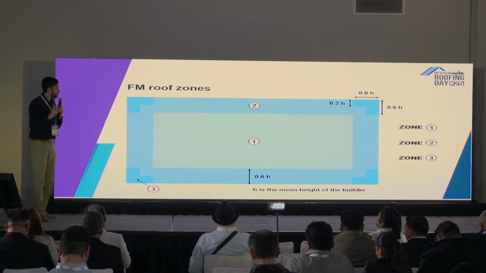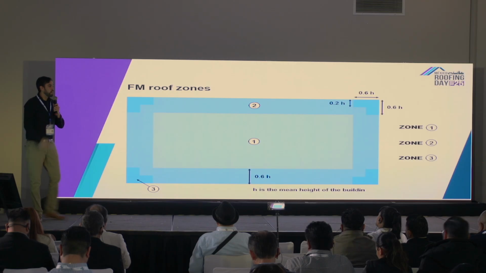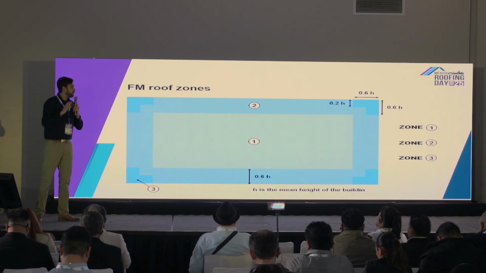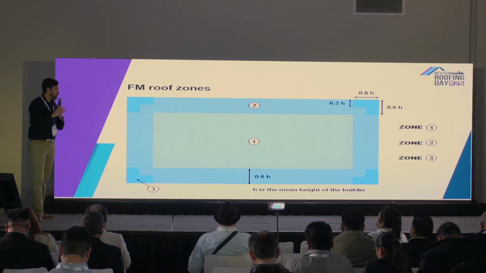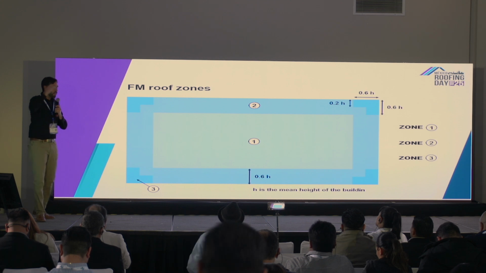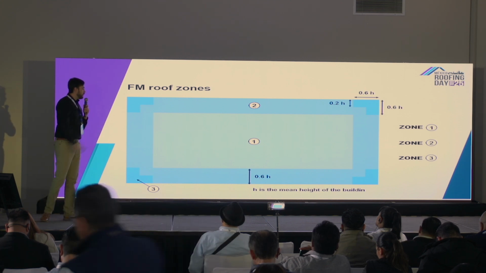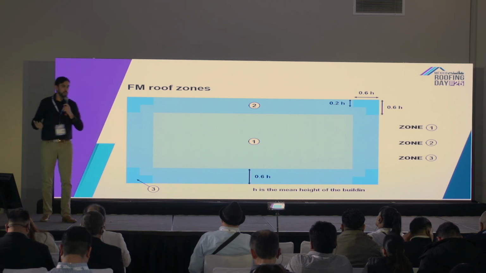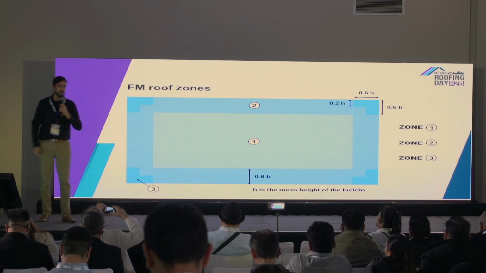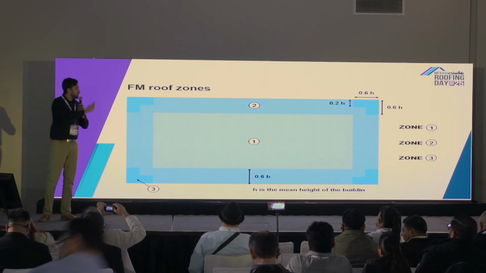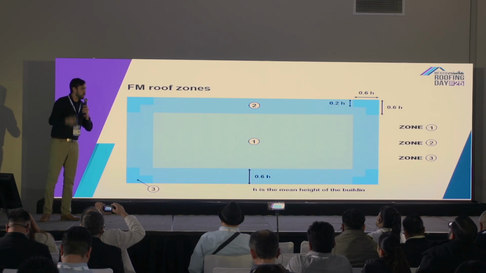Those are the sizes of those zones. Those zones are a formula of the height of the building. So it means that the perimeter is going to be 0.6 times, or 60%, of the height of the building. So that's how you can know how big those zones are.